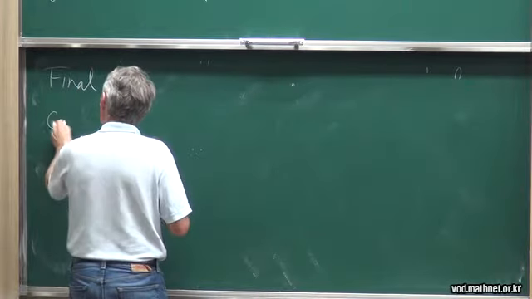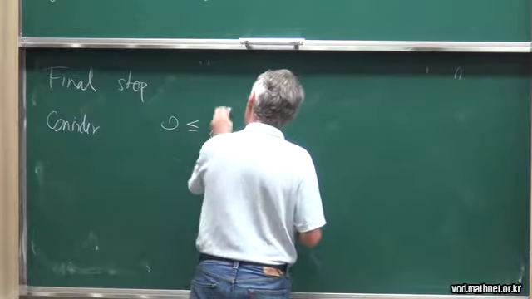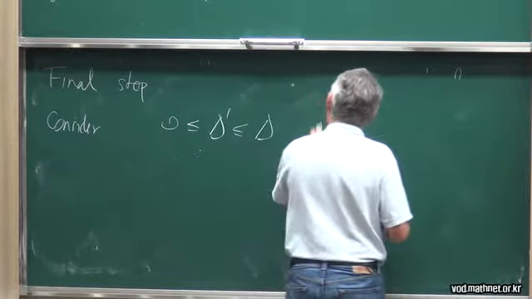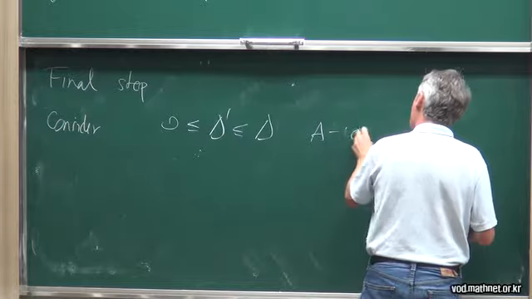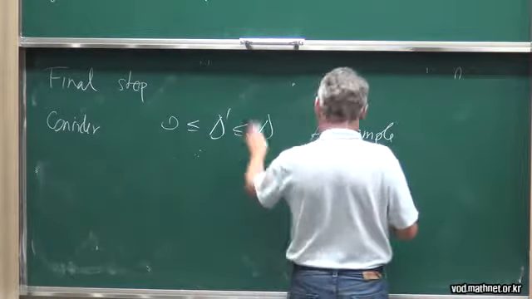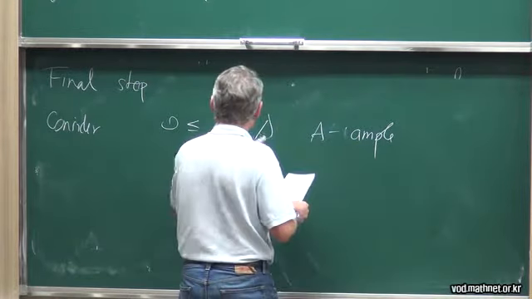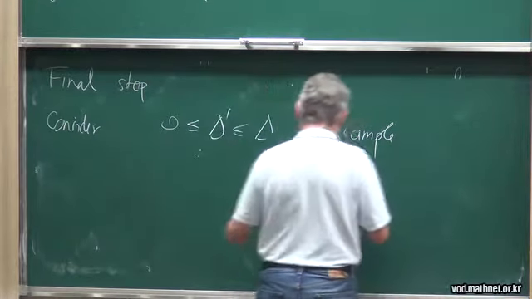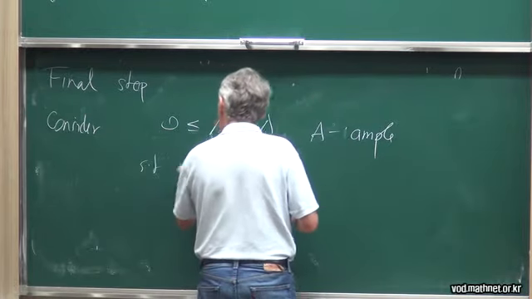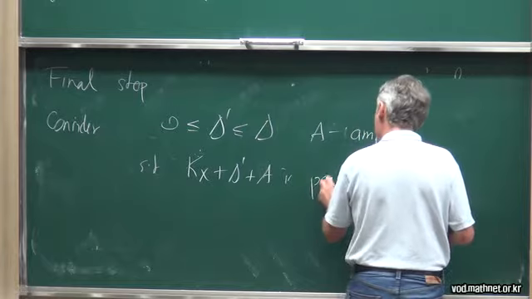So consider A ample. Finally, I look at all those delta prime between 0 and delta, and A ample divisors such that K_X plus delta prime plus A is pseudo-effective.